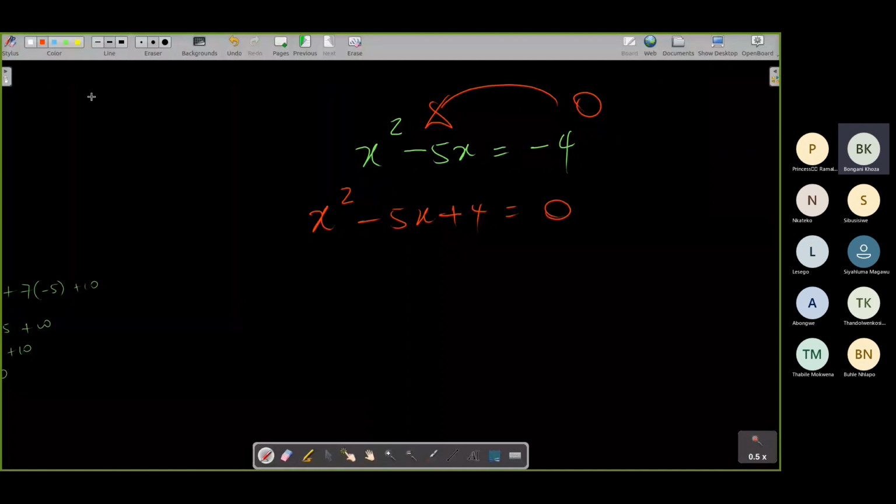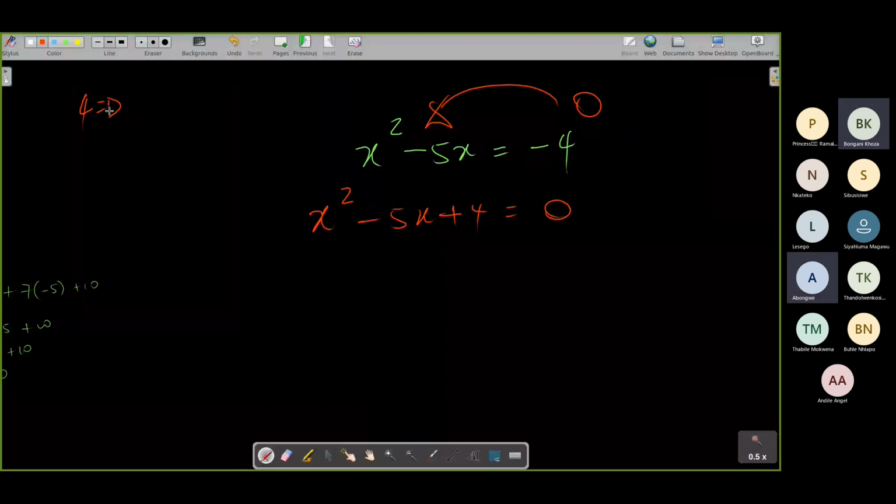What are the factors of 4? 1, 2 and 4. So we have 2 and 2, and 1 and 4. Right. So let's check if we are adding, if we are subtracting.